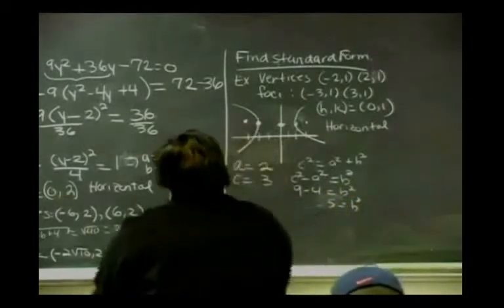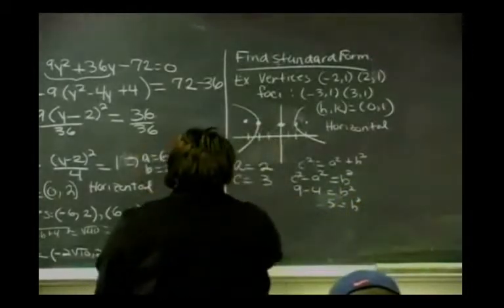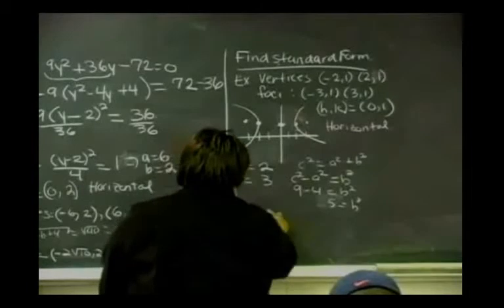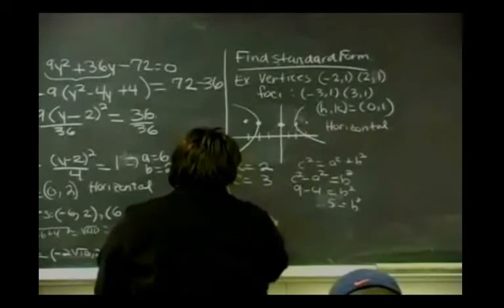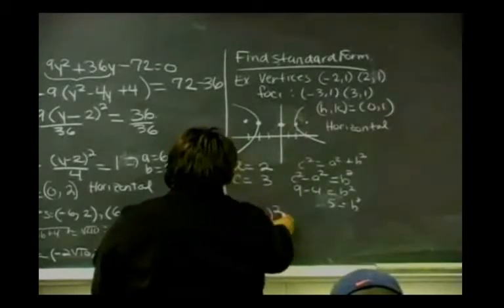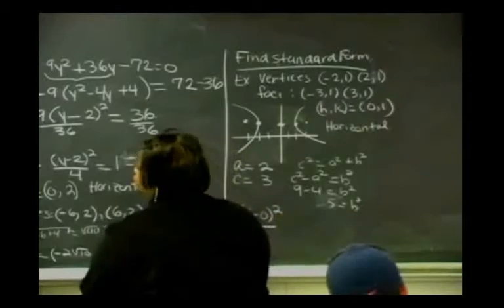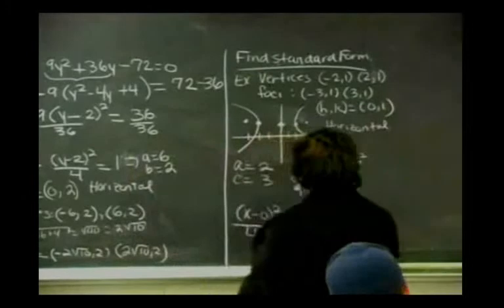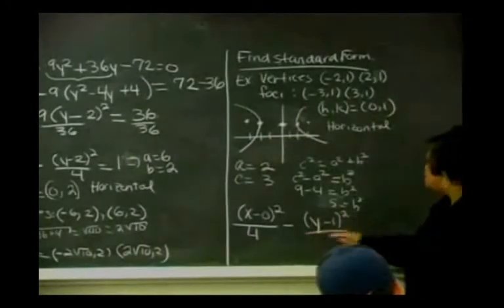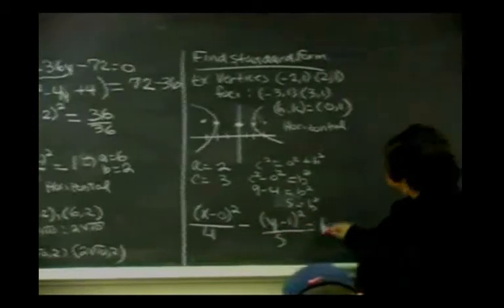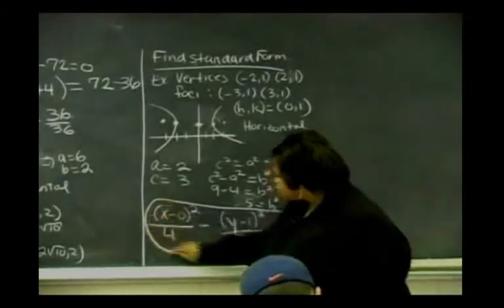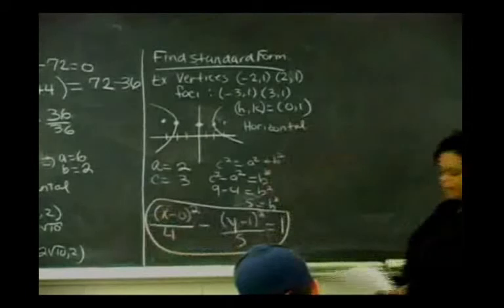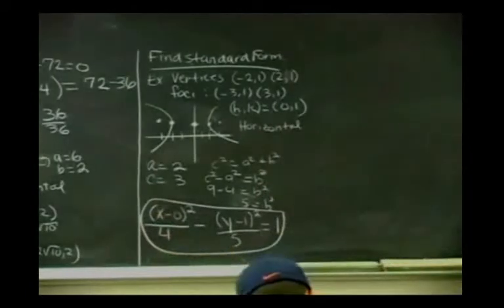So since my transverse axis is horizontal, my x comes first. It's x minus h, which is 0, squared, over A squared, which is 4, minus y minus k squared over b squared, which is 5, equals 1. And you don't have to say x minus 0.